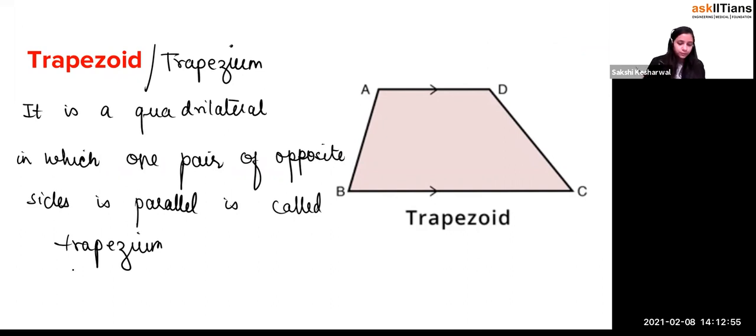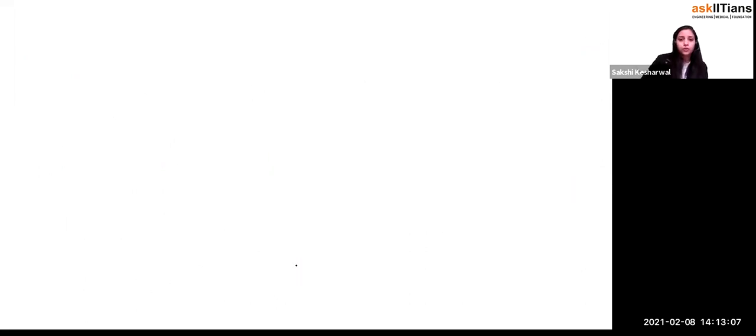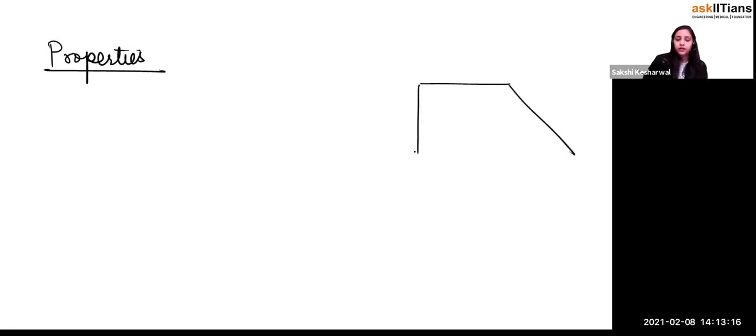Okay, so here in the given figure we see AD is parallel to BC. If the two lines are parallel, let's talk about the properties. It does not have so many properties, so I'll just say one property. Let us suppose this is a trapezium.